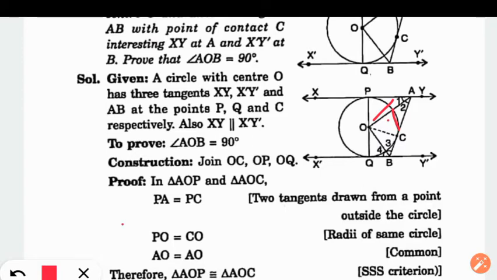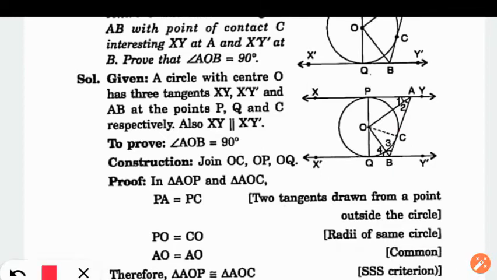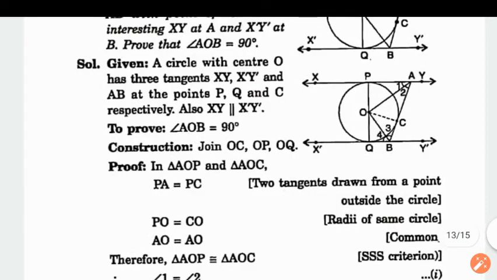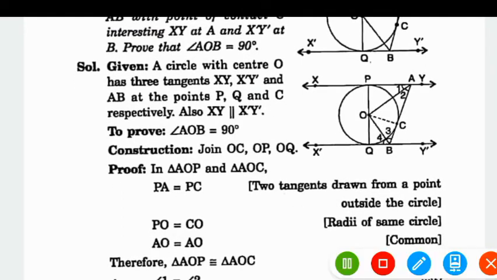How are they congruent? As OP is common side, right? And as we know that AP is tangent, we can say this angle is equal to this angle, both are 90 degrees. And OA is common.